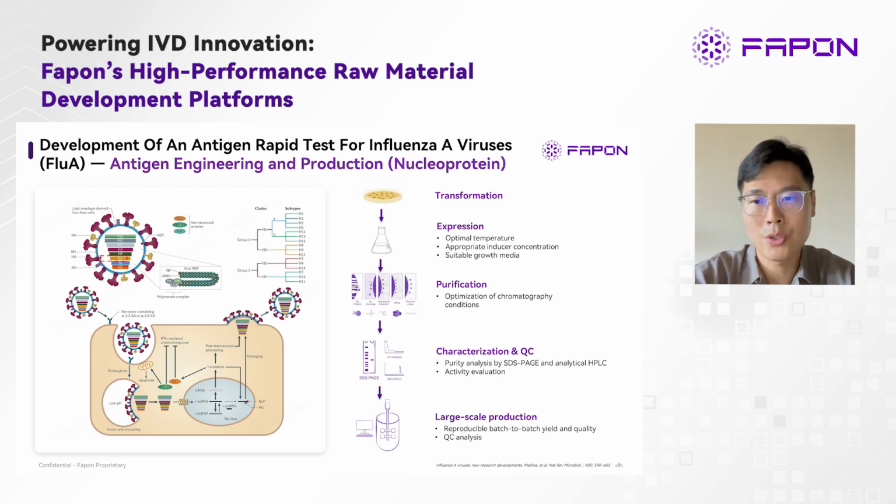To overcome this issue, our assay targets the nucleoprotein, which is a highly conserved protein expressed internally by both influenza A and B viruses across different strains, which makes it a very ideal marker for broader detection of the flu viruses. To further enhance the coverage of our assay, we did some sequence alignment and bioinformatic analysis, and we engineered the N protein sequences to capture all the conserved epitopes across multiple circulating strains at a time.